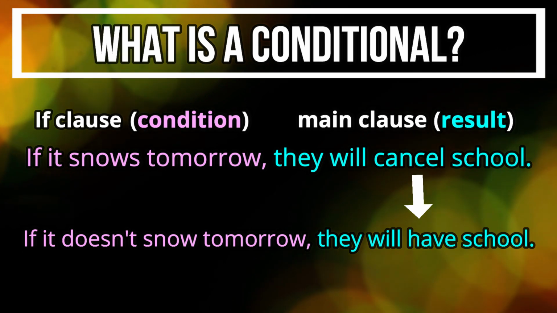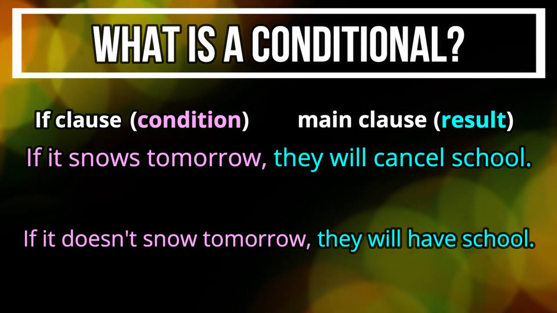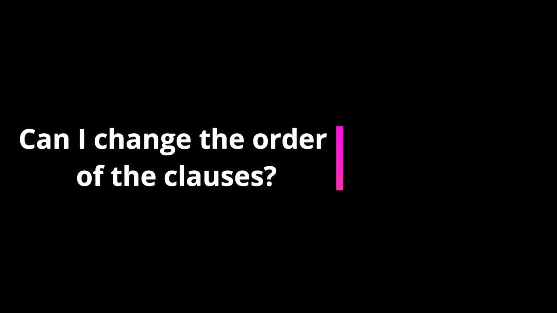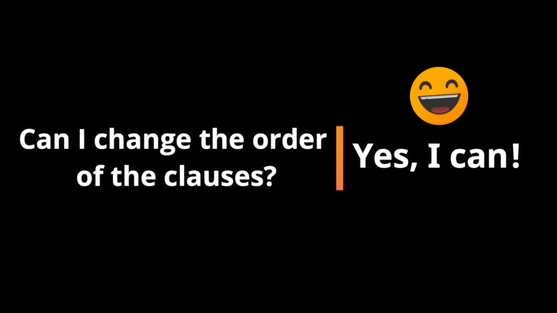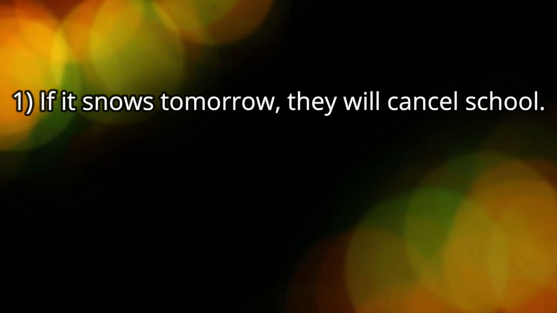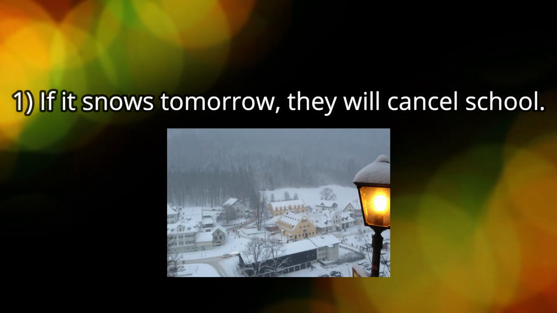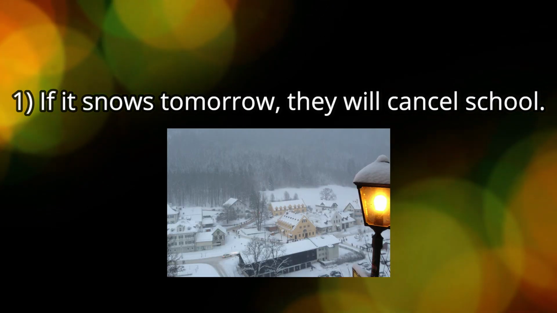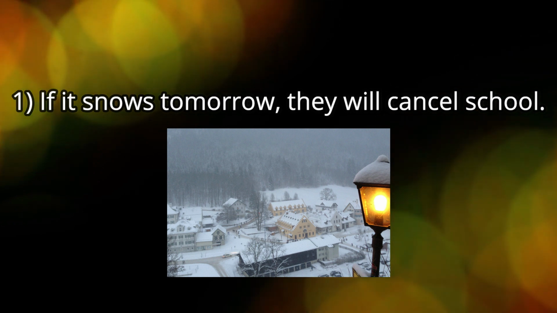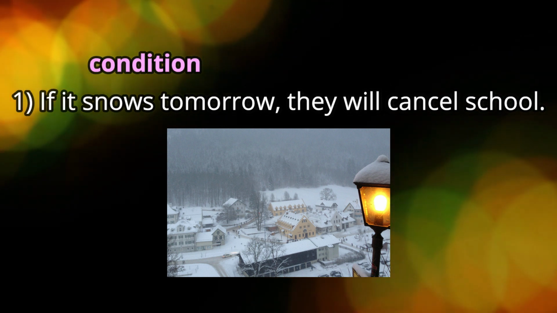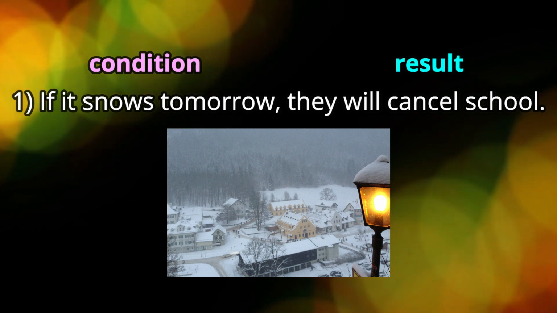Got it? Okay. Now, can I change the order of the clauses in a conditional sentence? Yes, I can. Let's start by using the sentence that we just looked at. Number one, if it snows tomorrow, they will cancel school. Condition in the front, followed by the result.